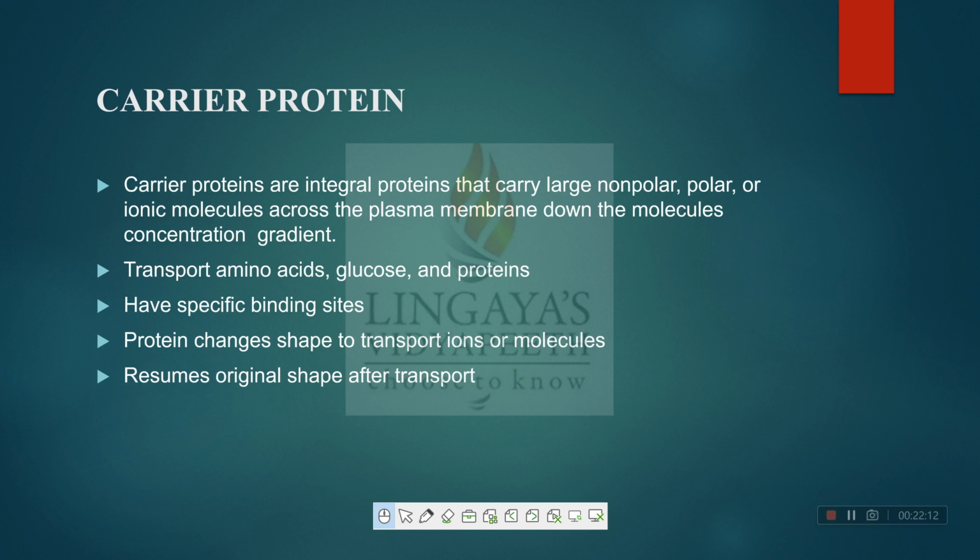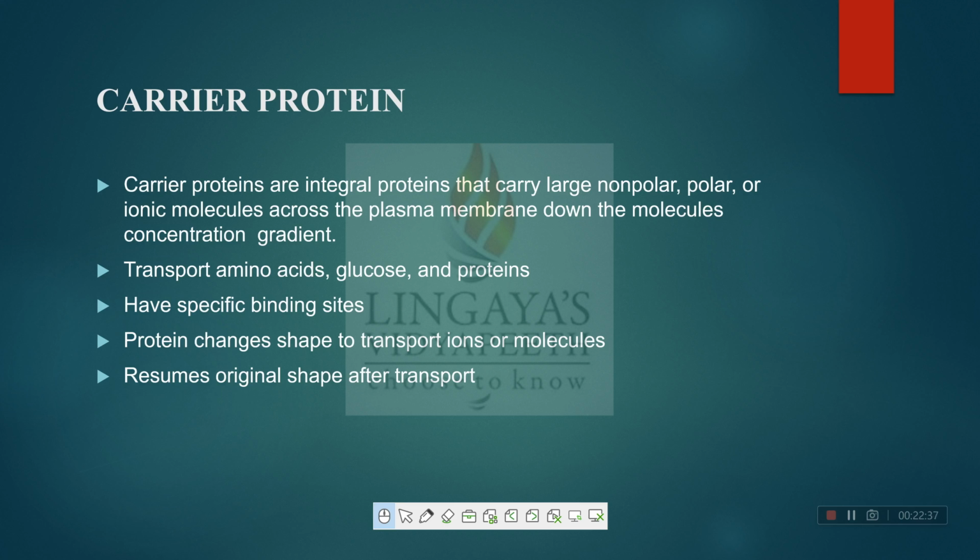If these important vital materials are not present, then our body will not function properly. So carrier proteins are helpful in transporting amino acids, glucose and proteins inside the cells for their absorption. They have specific binding sites.